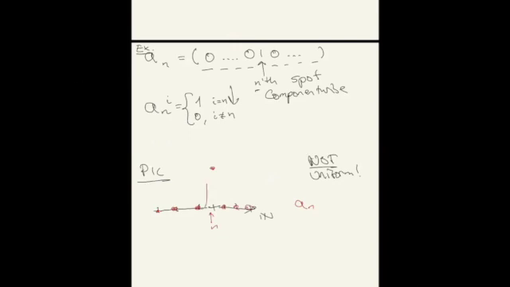So it's some sort of a bump at the nth index. And what is happening as n goes off to infinity is that this bump is moving to the right. It's moving to the right until it passes off to infinity. So as n increases, the bump is moving to the right.